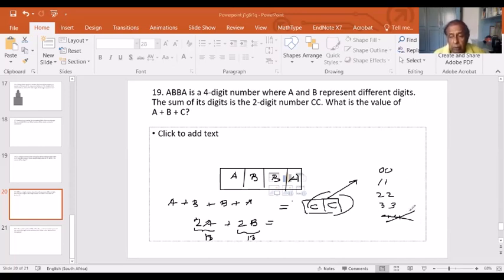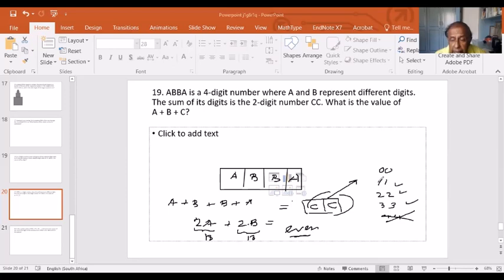Okay, now it's going to be either that or that or that. But watch, 2A plus 2B is even. An even number is 2 times something. So when you add these 2 even numbers, from your own experience, you know that the sum must be even.